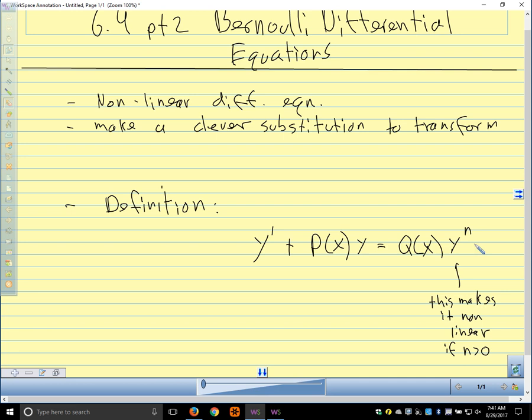So we want our substitution to do the same thing. We want to get rid of this y to the n, and we want the left-hand side to be the derivative of a product. So we're going to guess that somehow we're going to end up multiplying y by y to the minus n. But we're going to do one other little thing so that it takes care of our left-hand side as well.